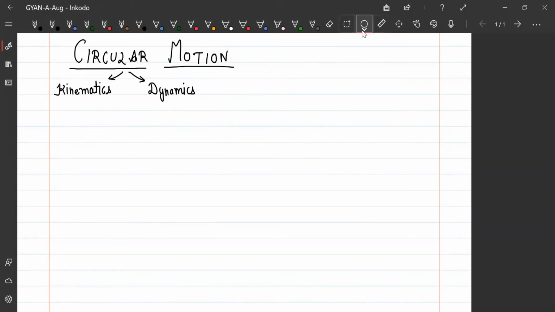For example, before studying circular motion, I'll just revise a concept that we have discussed earlier.